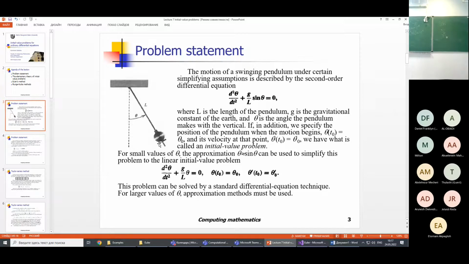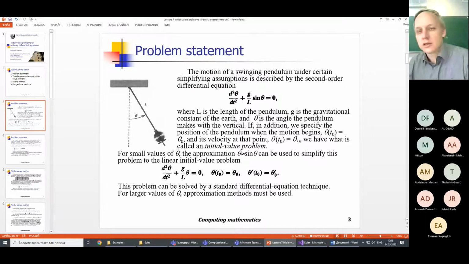And from the course of physics and from the course of differential equations, we know that the swinging of the pendulum, the changing of this angle theta, is described by means of this second order differential equation.